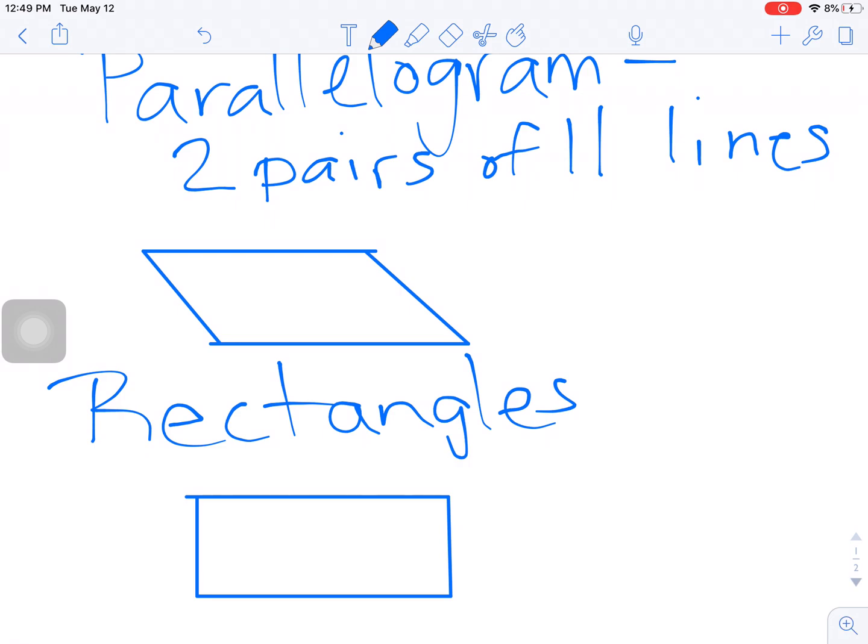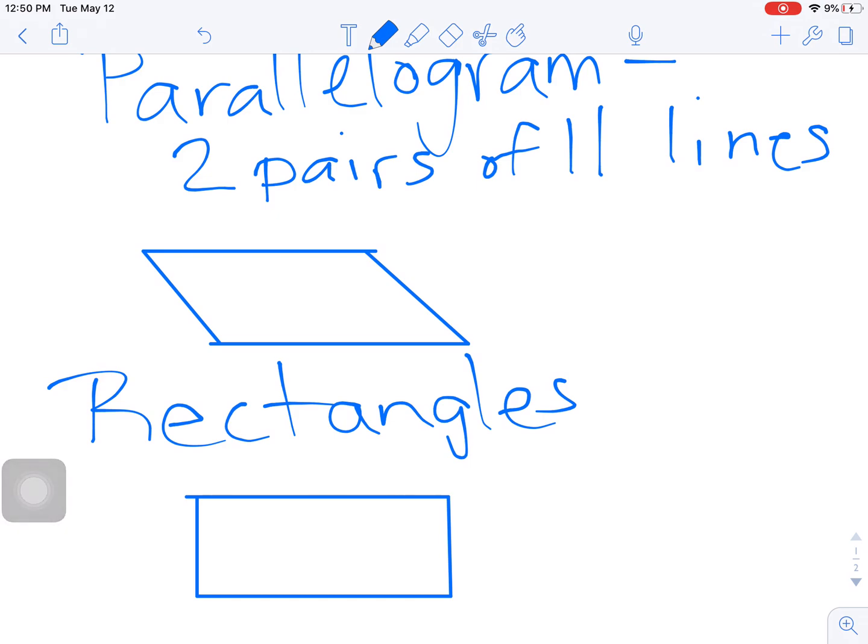There we go, four sides. Notice that a parallelogram is two pairs of parallel lines. In a rectangle, the top and bottom, the opposite sides, are parallel, and the sides are parallel, which means a rectangle is also a parallelogram, but what makes it a rectangle is the angles.